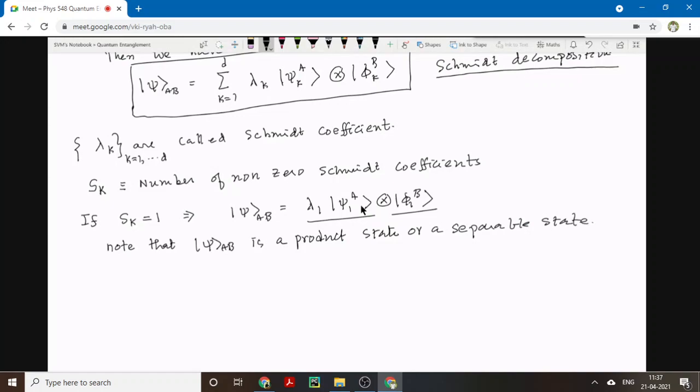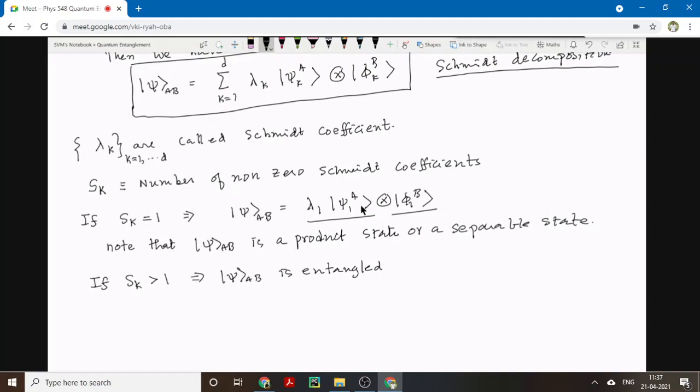On the other hand, if Sk is greater than 1, that implies psi AB is entangled. And if your Sk is bigger, then that means entanglement is more.